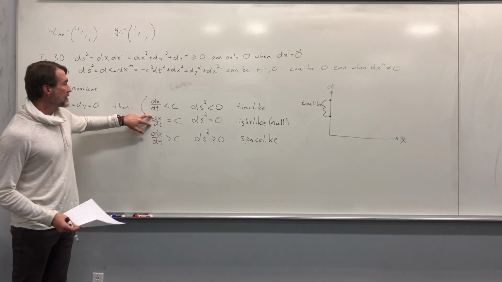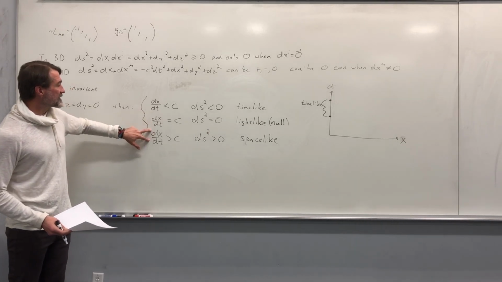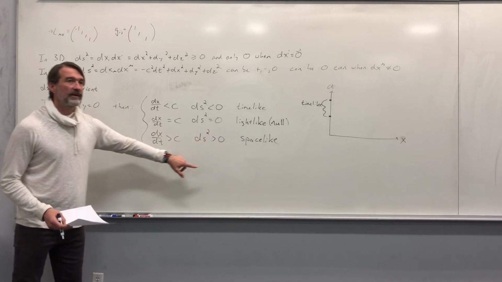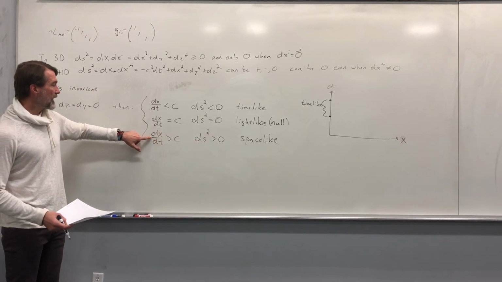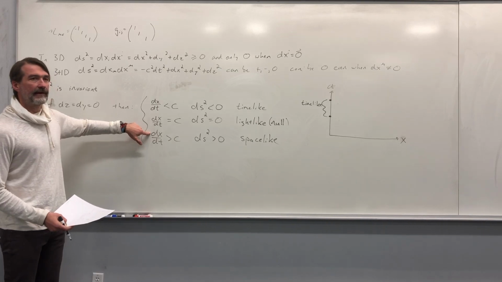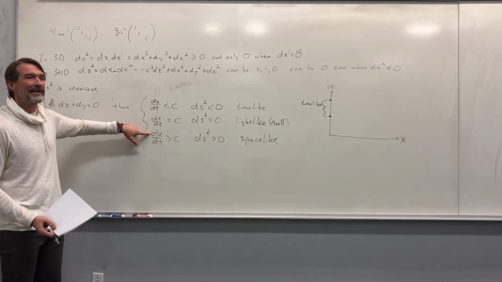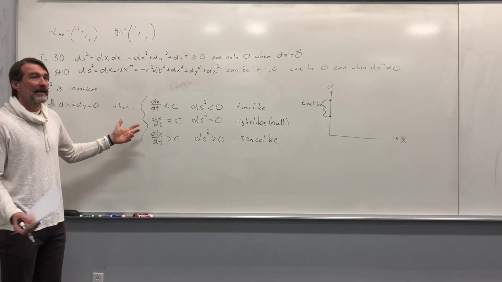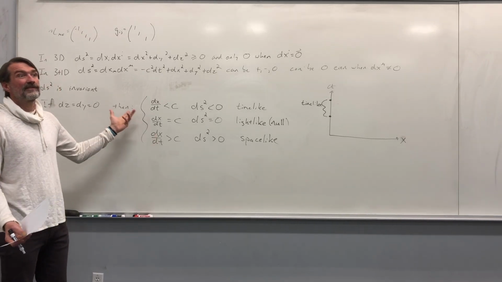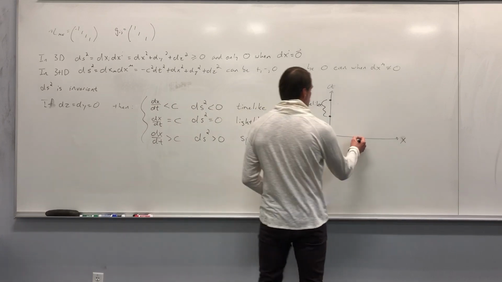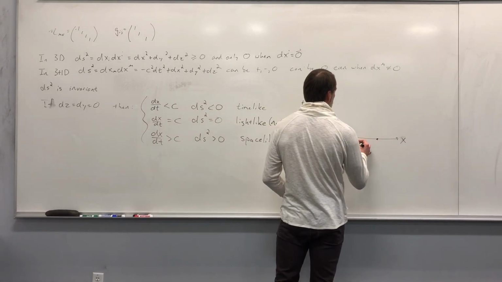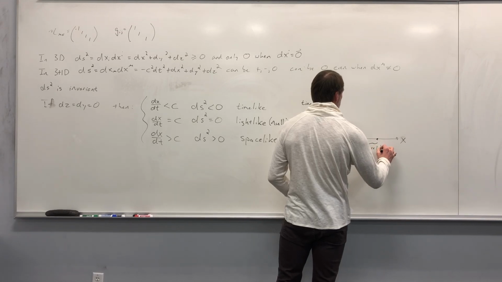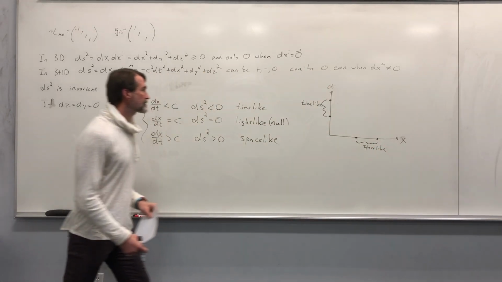Conversely, we can take two events. Well, actually, let's go down here. We just need ds squared to be greater than 0. I can take dx to be anything and take dt to be super, super tiny. Okay, I can take this to be infinity if I want. I can take dt to 0. So I could actually label events here. And these are space-like separated events. Okay?